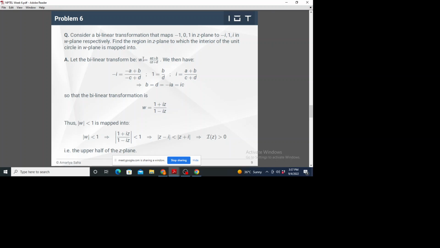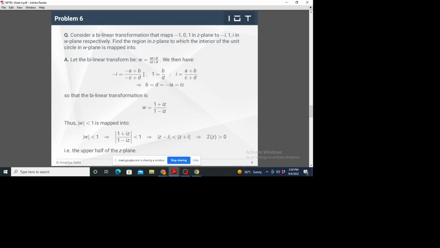So let us assume that W is (AZ plus B) divided by (CZ plus D), and then simply substitute Z equal to -1 here, and that is mapped into -i in the W plane. So that gives us this first condition: -i is (B minus A) divided by (D minus C).